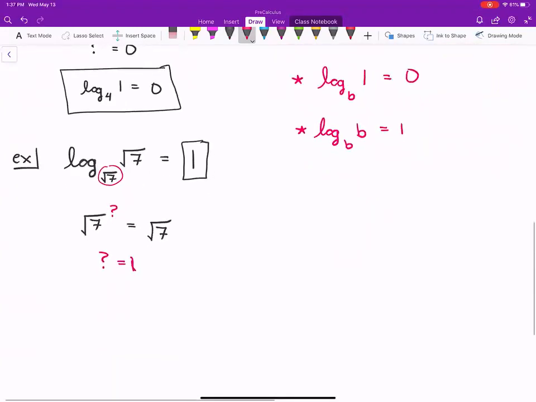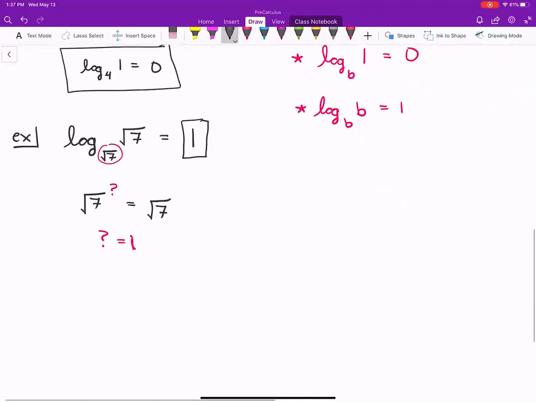Okay, then we have bases that are the number e. So remember, e is just a number. It's about 2.718 and so on, so on. You can find it on your calculator. There's a number for it, or there's a button for it.